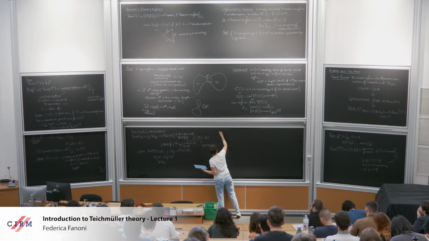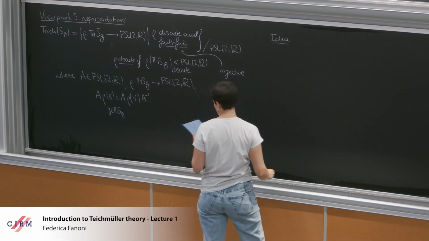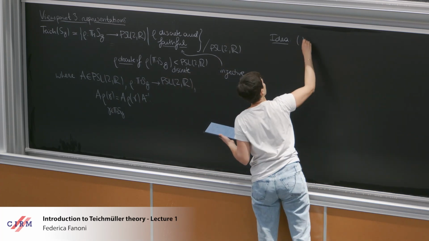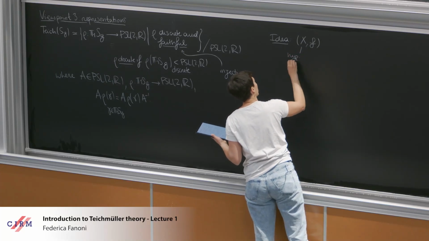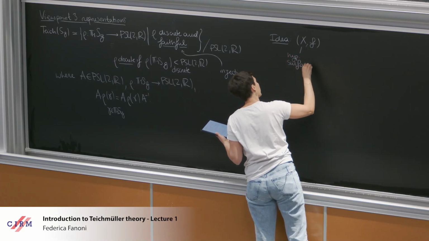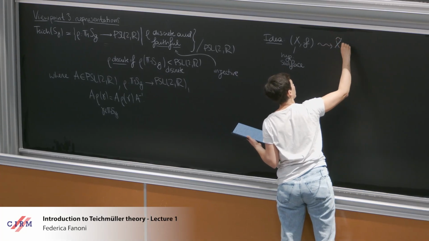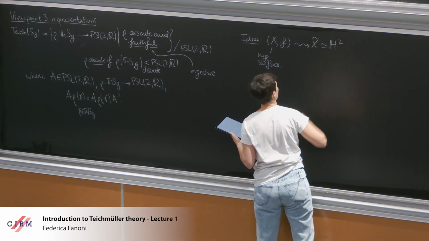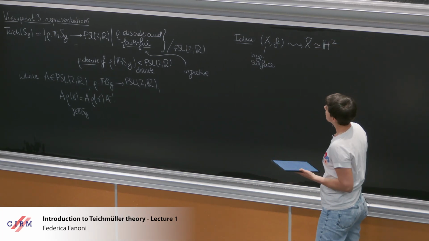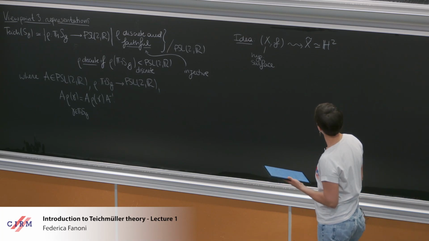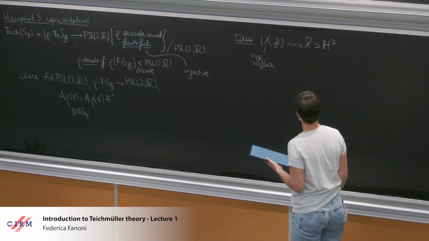The idea of why we have this identification is that if I take a pair where this is a hyperbolic surface, then its universal cover can be identified isometrically with the hyperbolic space. This is the thing that I had mentioned at some point, by saying that every hyperbolic surface can be realized as a quotient of H2.